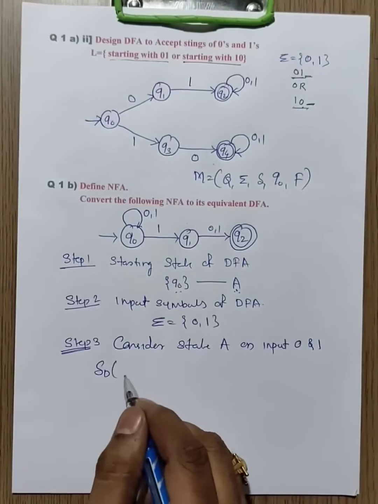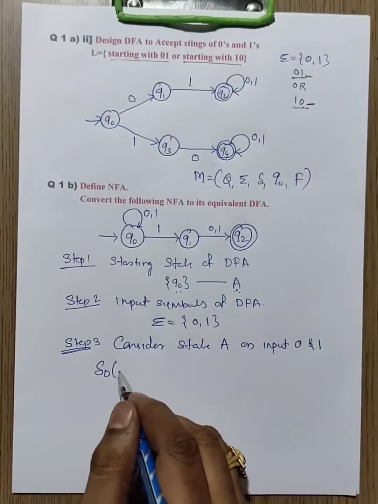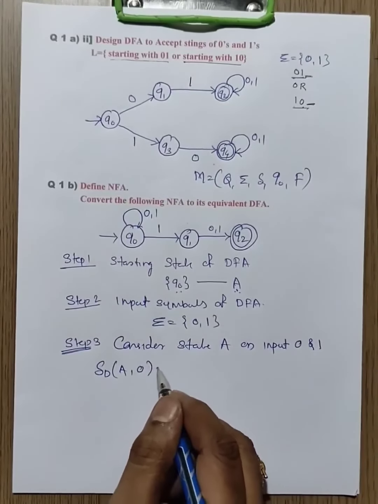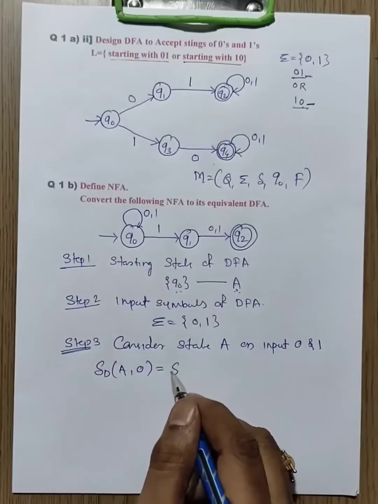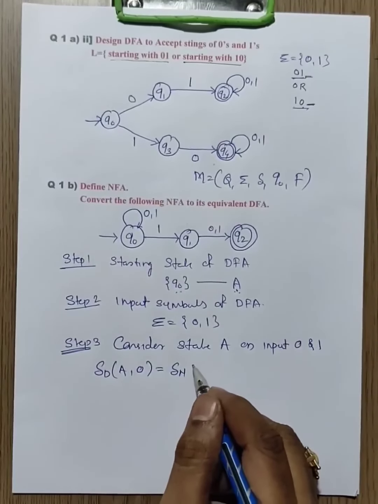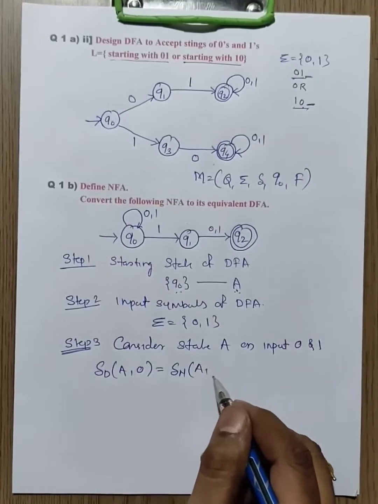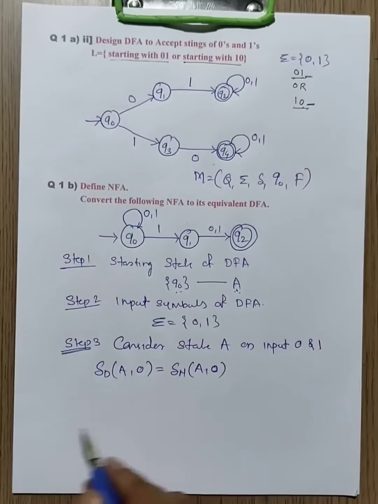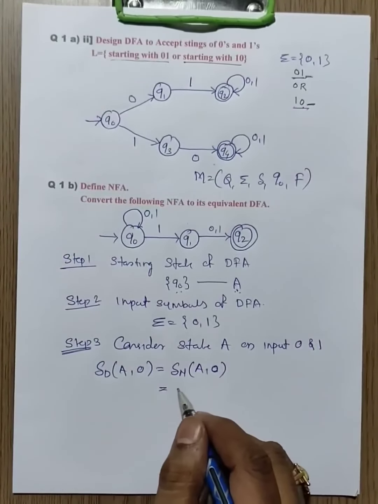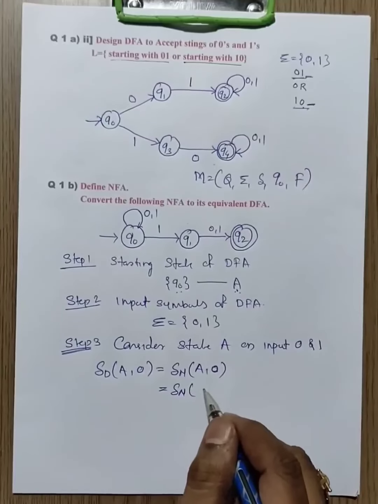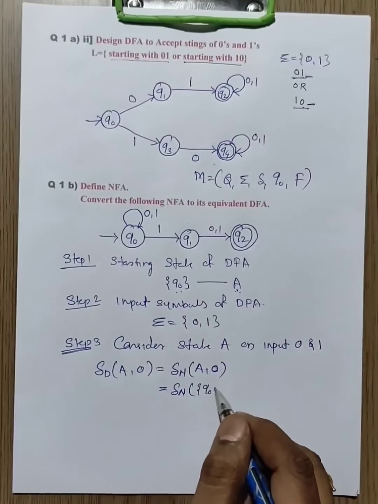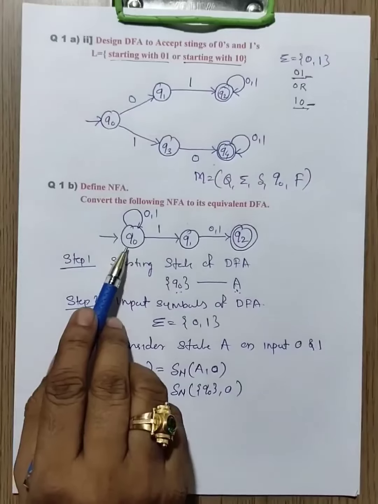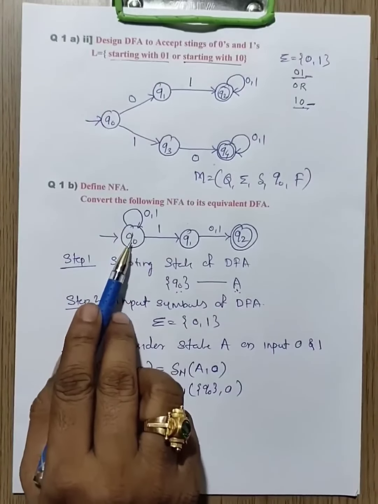Means DFA transitions: delta D of A on input symbol 0 equals delta N, NFA transitions, of A on input symbol 0. What is A? A is Q0.